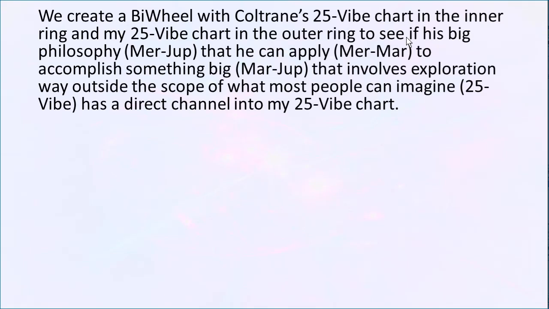So what can we do to see how this part of Coltrane that I didn't even know existed at this level of detail? I just thought, I'm just going to look at his chart and see some cool Mercury, Venus, Uranus stuff, and maybe I'll see that connects to like a Venus, Uranus in my chart, and okay, great.